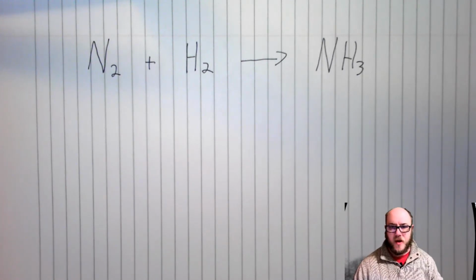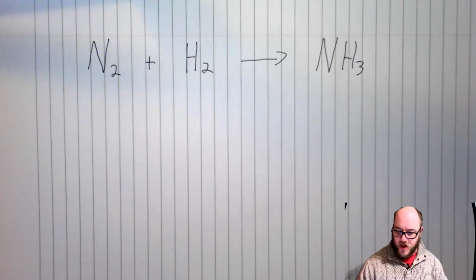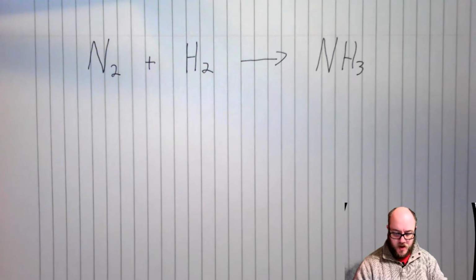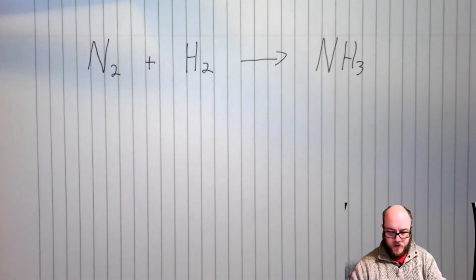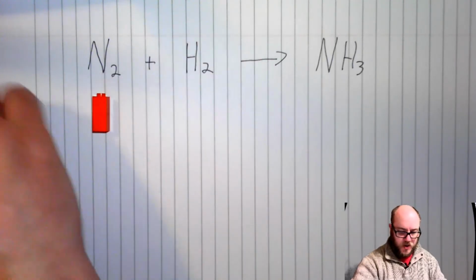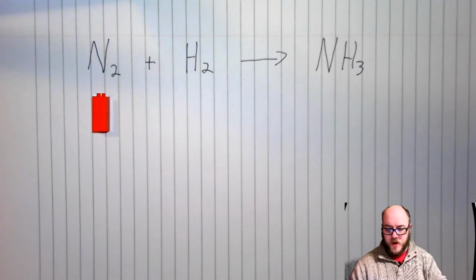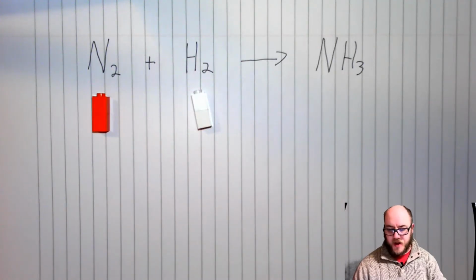And here's what I mean with the Lego if we're going to try things. This time I'm going to use red to be nitrogen and white to be hydrogen. Okay, so I have an N2 molecule and I have a hydrogen molecule. So can I make NH3?